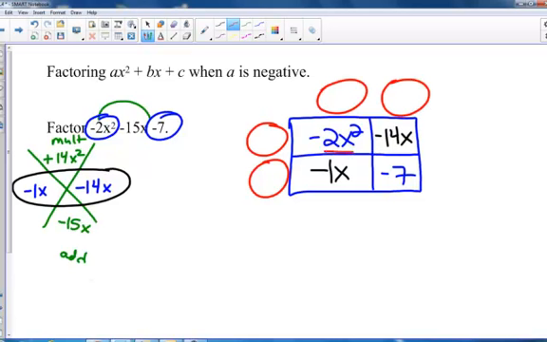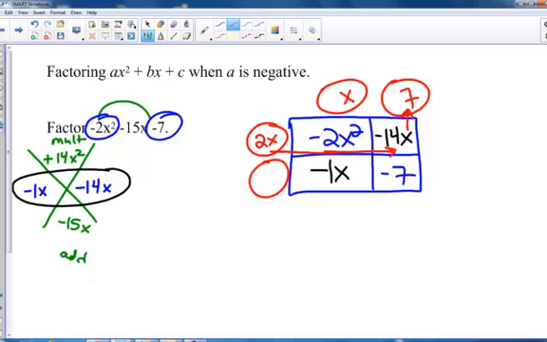So, if this is negative 2x squared, this is probably going to have to be the 2x for sure, and this is going to have to be an x. Now, one of these needs to be negative. Since this is 2x, I'm looking at my negative 14x here, so this is going to have to be 7.